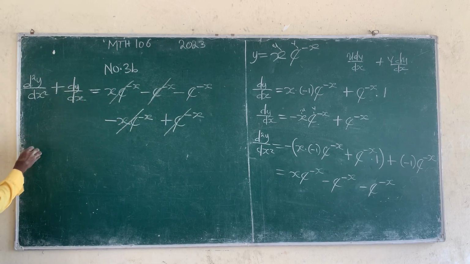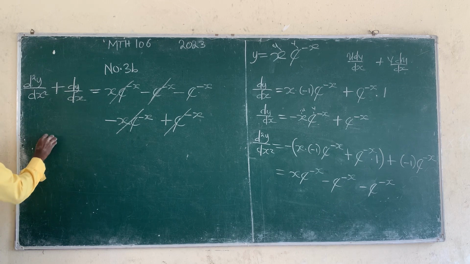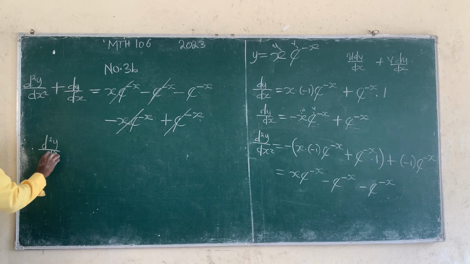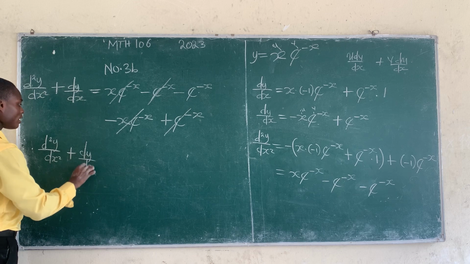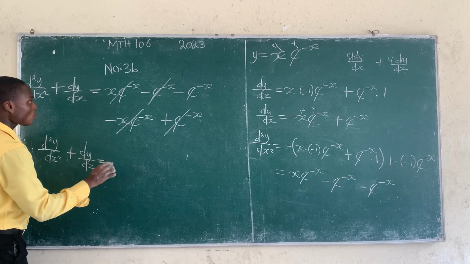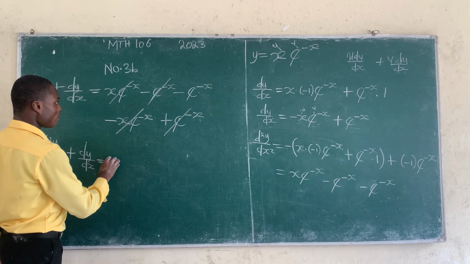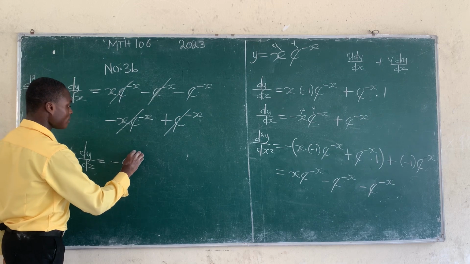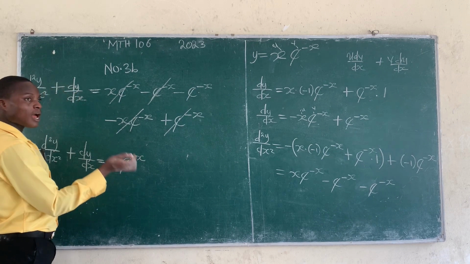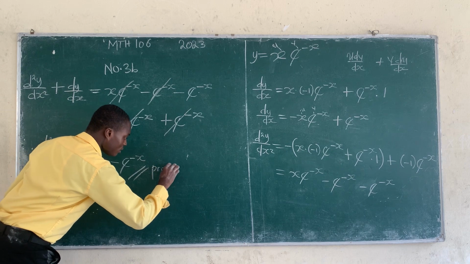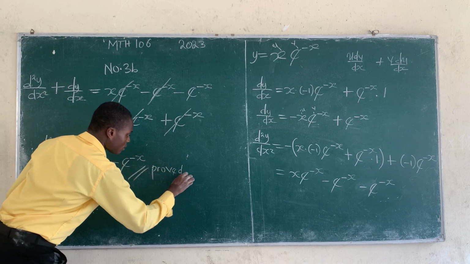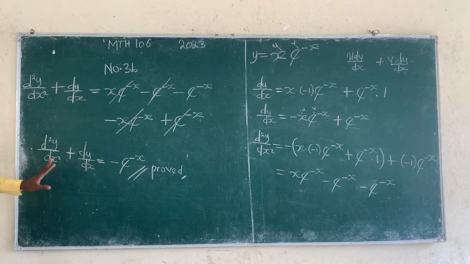Therefore, d squared y over dx squared plus dy dx is equal to minus exponential minus x, which is what they asked us to prove. So we have just proved that. That is the answer to that given question.